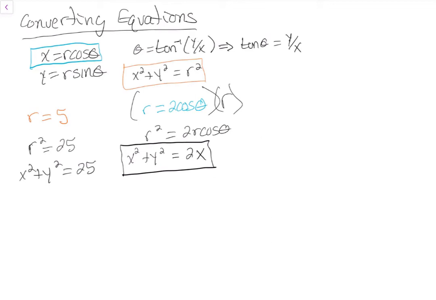R equals 2 cosine theta was a circle that looks like this, and the circle was not centered at the origin. Our 2 was our furthest distance from the pole, so the center is 1. I'm not going to take the time, but we could convert our equation to x minus h squared plus y minus k squared equals r squared.